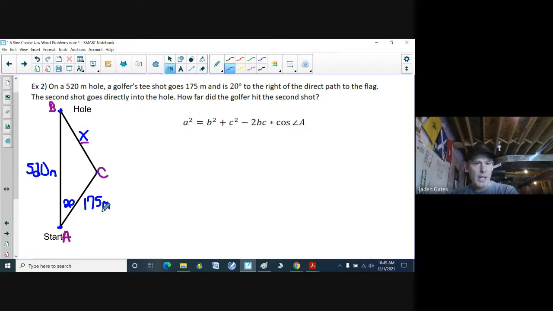All right, labeling my sides. X is actually my side A. Across from angle B, there's side B. And across from angle C is side C. All right, there we go. So now I'm going to substitute into my formula. Instead of A squared, I have X squared. B squared, I'm going to have 175 squared.